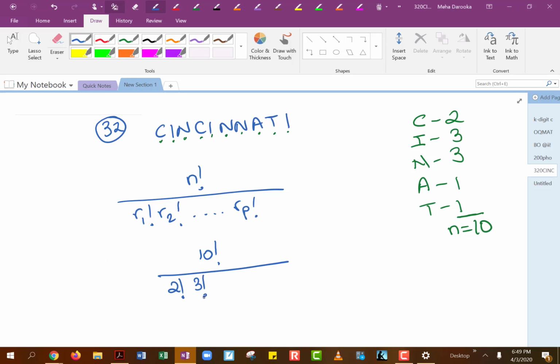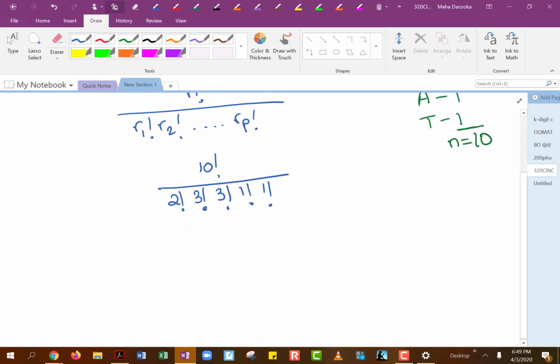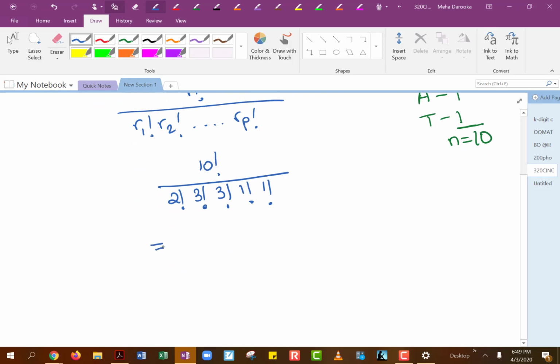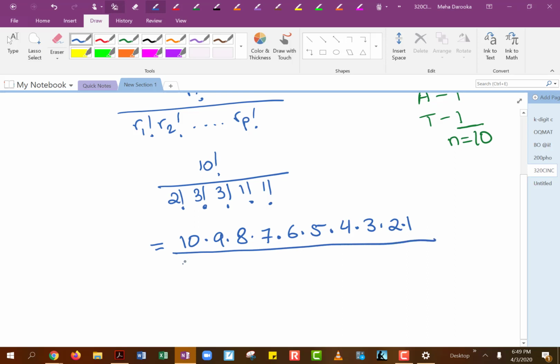So again, if we write all of this out, that's 10, 9, 8, 7, 6, 5, 4, 3, 2, 1. And then I have 2 factorial multiplied by 3 factorial, another 3 factorial, and then 1 factorial and 1 factorial, right? So 3, 2, 1.